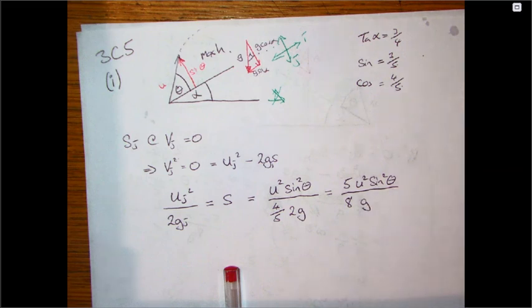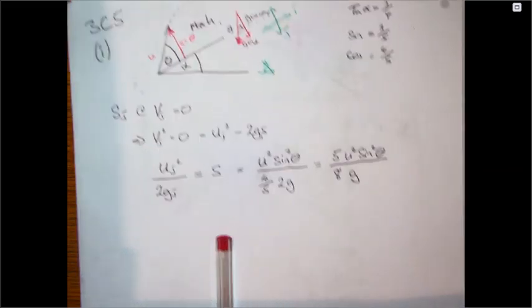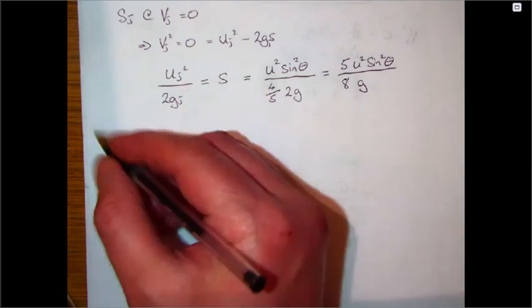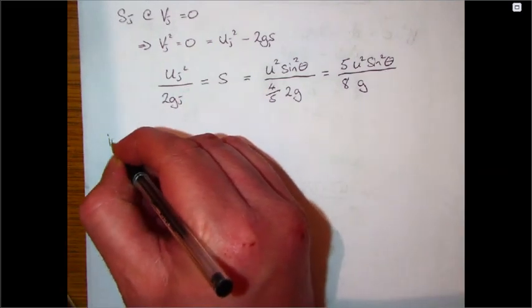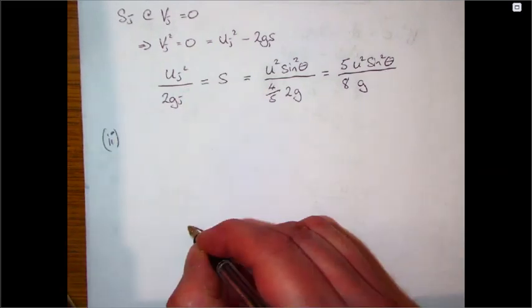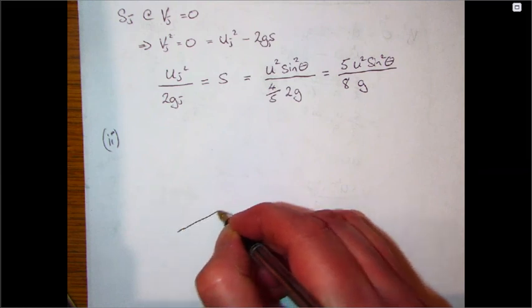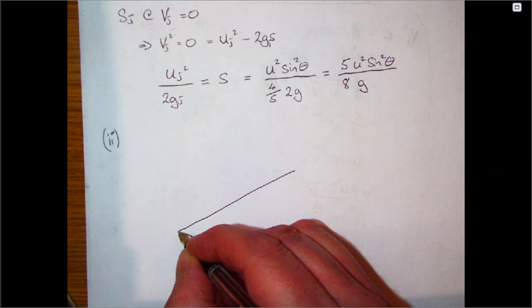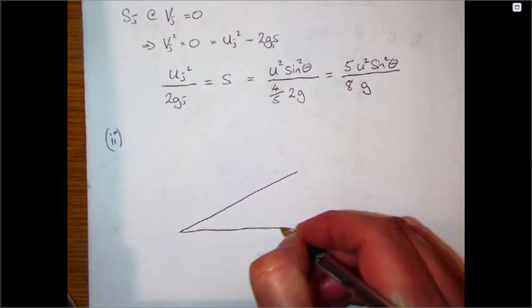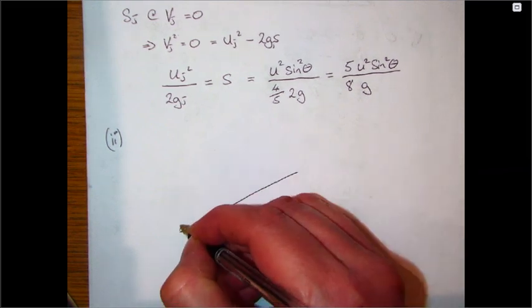And I'm happy there. Okay, so the next part is a little bit strange, I think. He wants the greatest height of the particle above the surface at this greatest height.